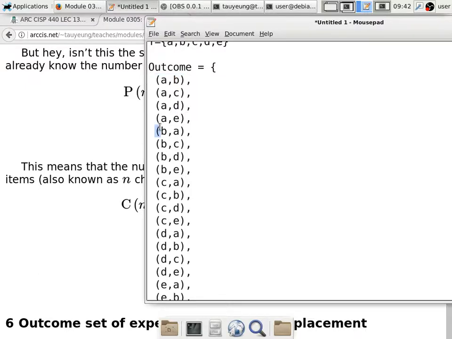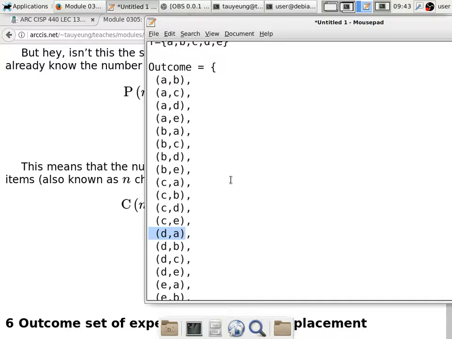AB is paired with BA, so these 2 belong to the same combination. Okay, because the combination is a set. AB is a set, and then AC has its own duplicate over here, which is CA. AD has its duplicate all the way down here as DA, and so on.